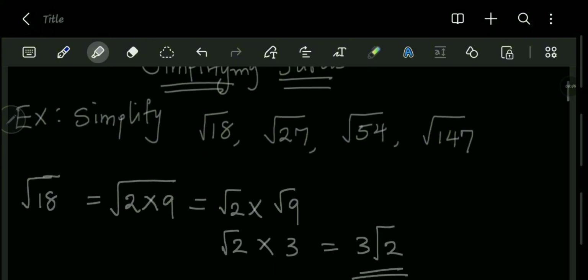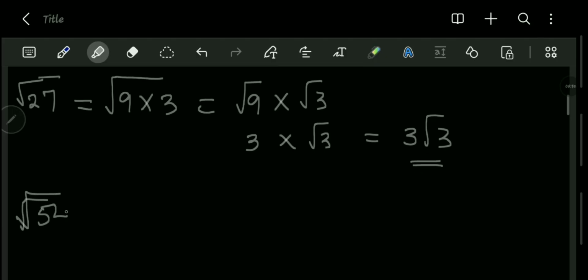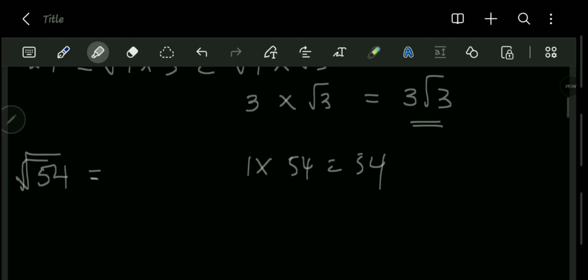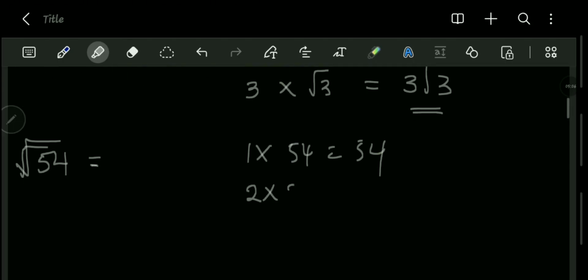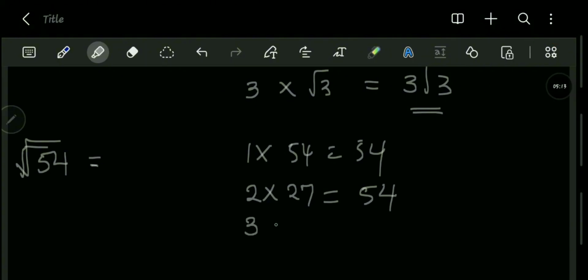And then for example 3, we have surd 54. So what two numbers multiply together to give us 54? Let's start from 1. 1 times 54 is 54. 2 times 27 is 54. 3 is a factor, so 3 times 18 should give us 54.